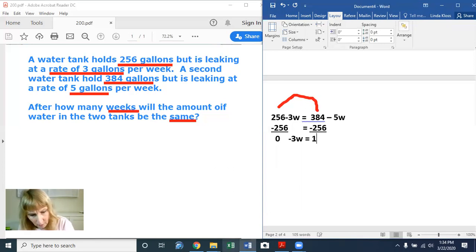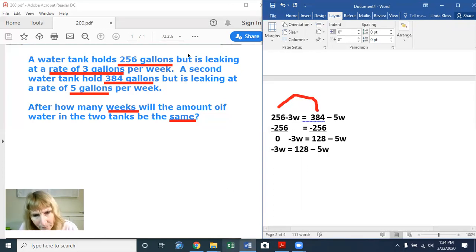Yes, 128. And I still have my minus 5w. Now, I can get rid of the 0 because 0 plus or minus any number is just the number. So negative 3w is equal to 128 minus 5w. So that's what I'm left with.